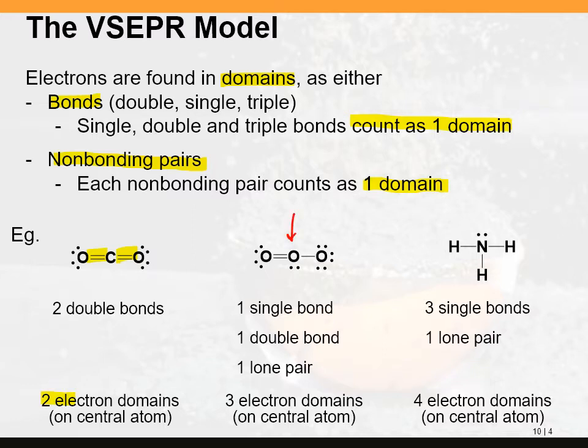It has a single bond, a double bond, and a lone pair, each counting as 1, so a total of 3 electron domains. In ammonia, nitrogen, the central atom, has 1, 2, 3 bonds, and 1 lone pair, making a total of 4 electron domains. This is how we count domains.